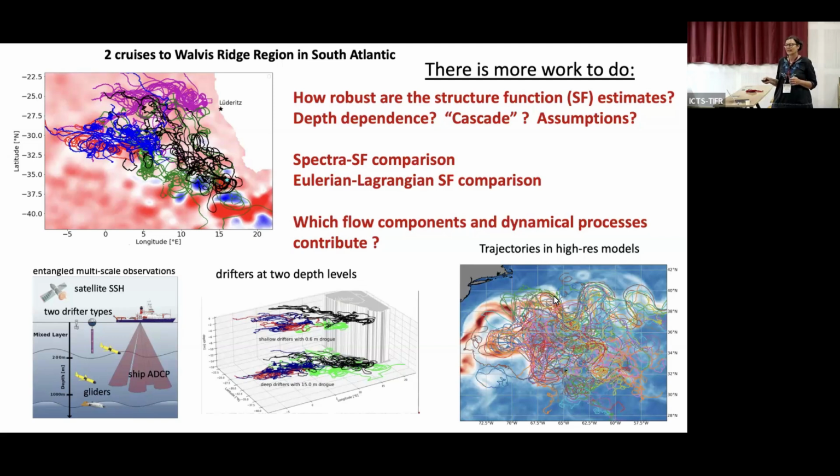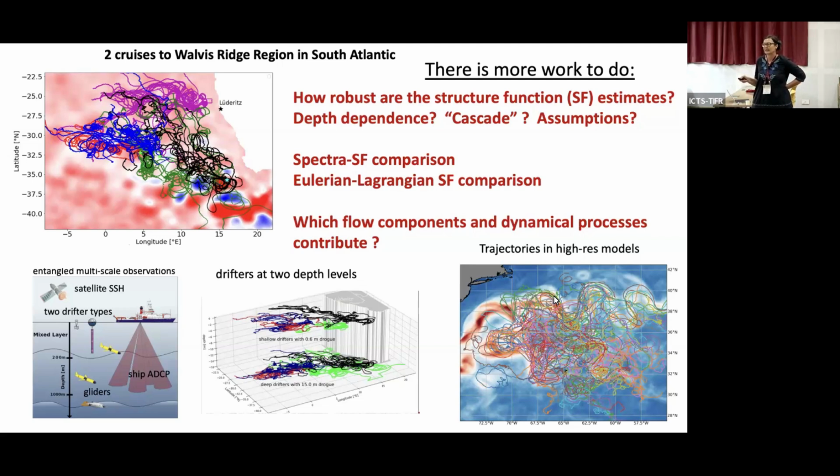So we also have different gliders and different kinds of instruments in the ocean to come up with maybe even some form of an energy budget that could be quantified in this region. We will never be able to have a closed budget, but we want to see if our estimates are consistent using all of those different measurements.